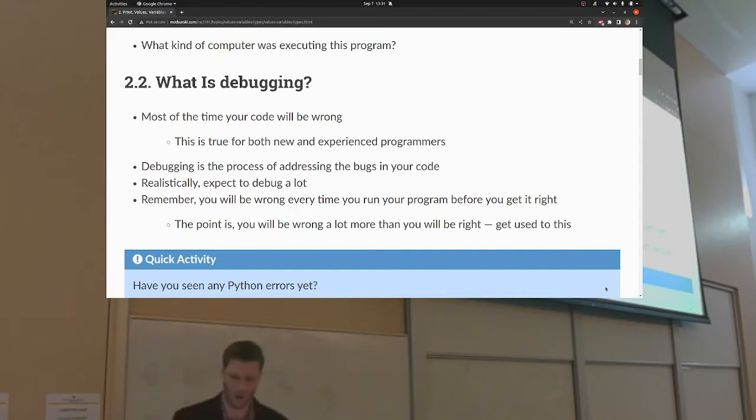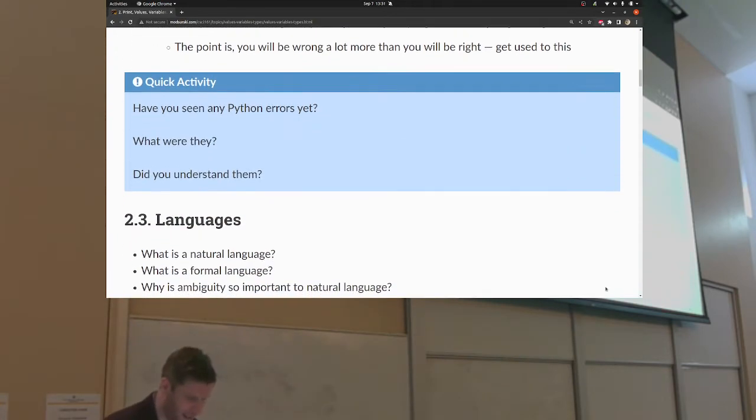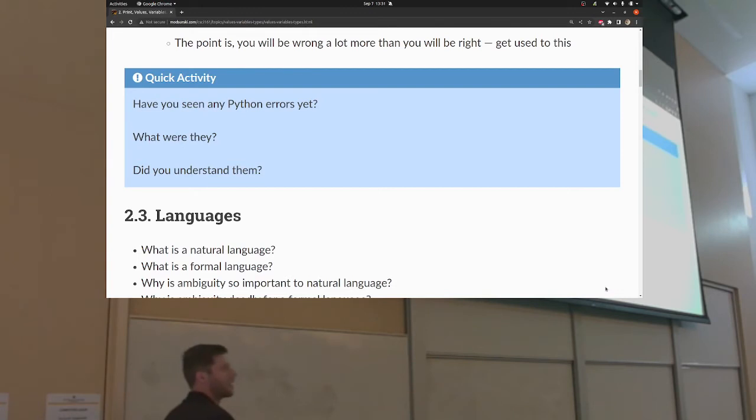Has anyone, in class, hit any Python errors? I know you would have when you were trying to run it. Do you remember what it said when you tried to hit run? Yeah. All right, but just right now, though, when you tried the one, you had to add the one, what did it say? Do you remember?